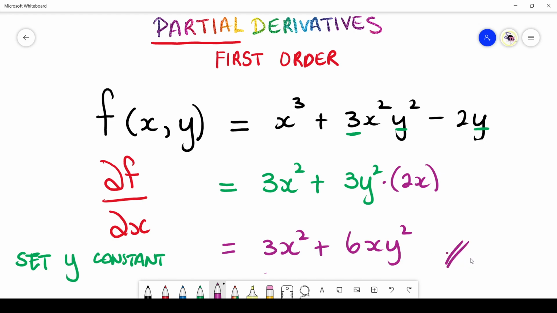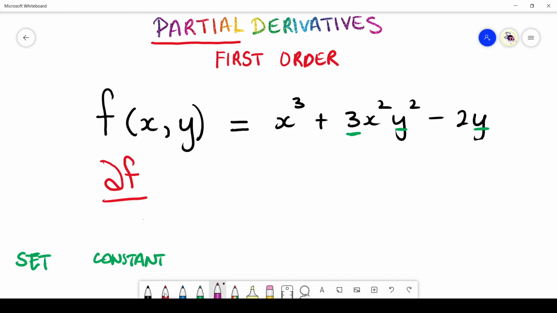So this is how you differentiate a function partially. You consider the variable that you are differentiating with respect to on the denominator. You only differentiate that variable throughout your right-hand side while keeping the other variable constant. Let's observe what will happen if we were to find the differential of this same function, but instead with respect to y.